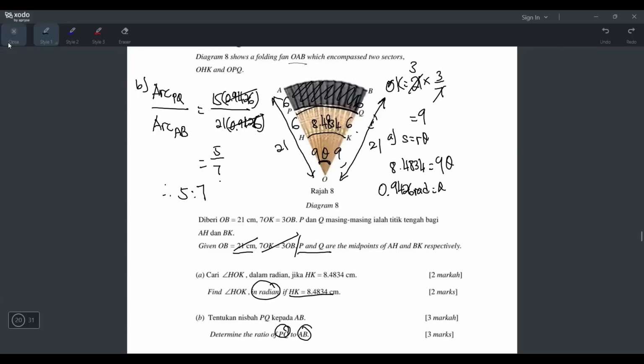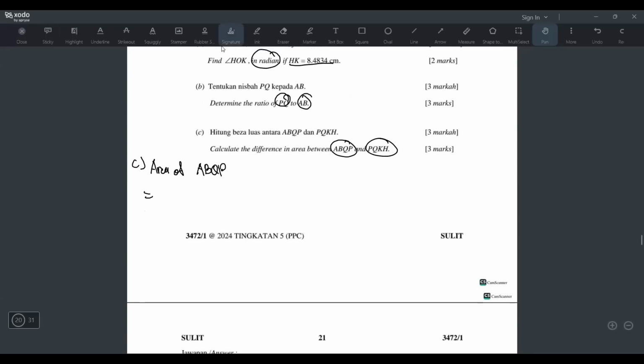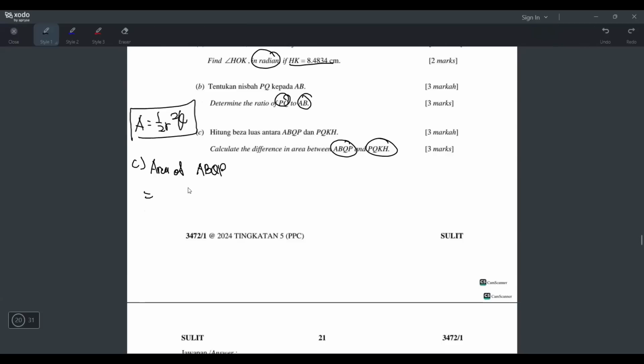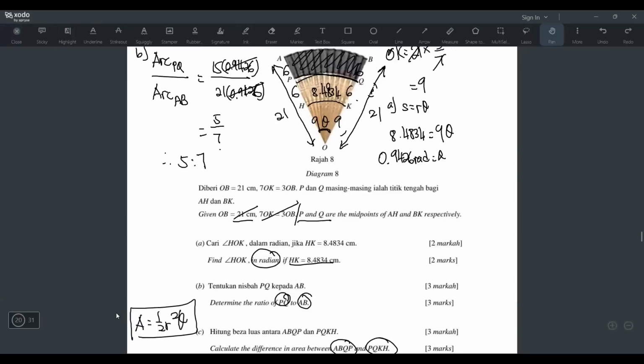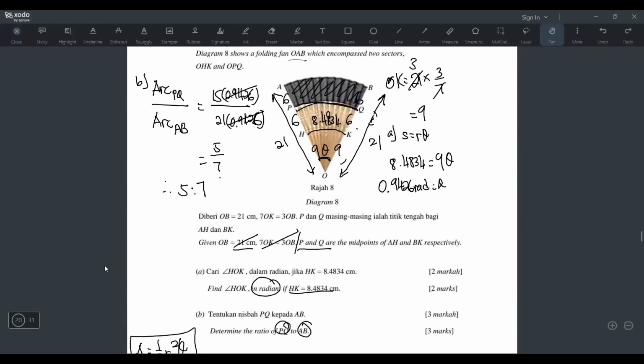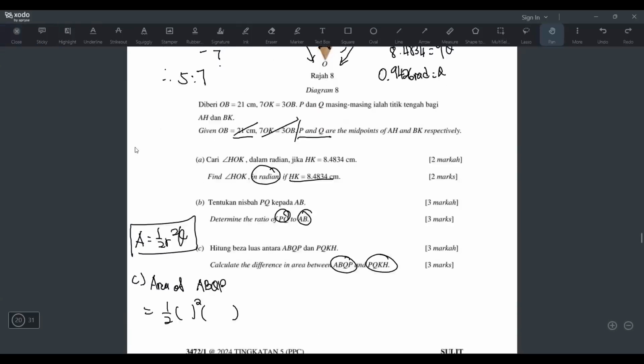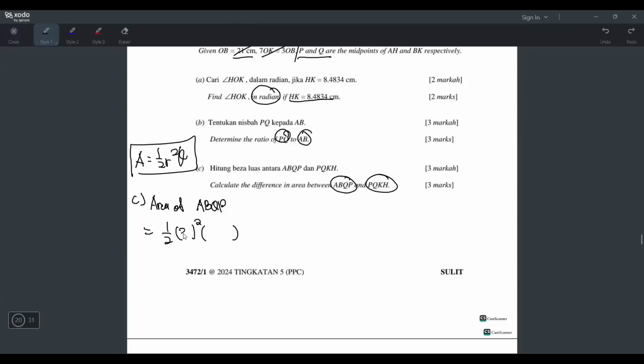Okay, so how to find the area of the big sector? The formula is 1 over 2 r squared theta. So the area of sector formula is this, right? So it will be 1 over 2 times r squared times theta. What is the radius of the biggest sector, the big sector? 21, and then the theta, 0.9426. But we have to minus with what?